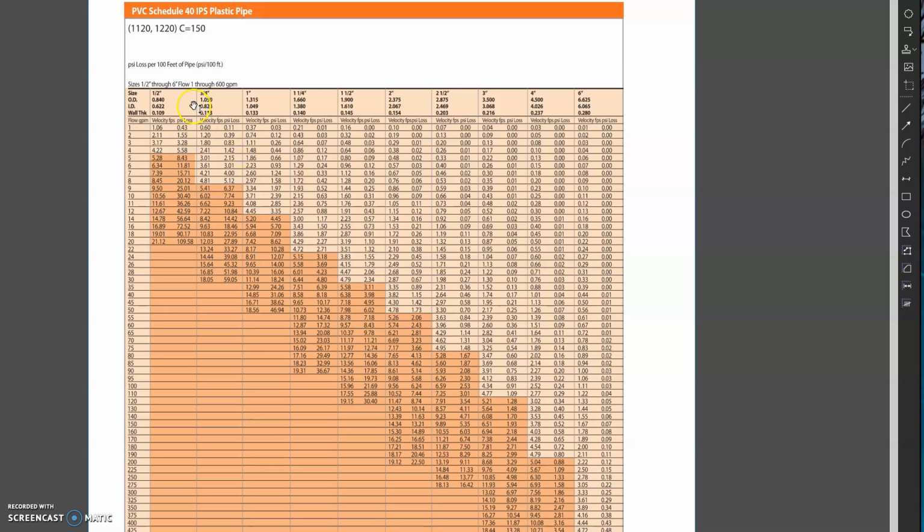The other thing I wanted to go over with you is that these charts for piping are universal charts. Hunter also has these same charts. Pipe is made to a standard, and so all pipe manufacturers make them to the same ID and OD, and they have the same C factor.